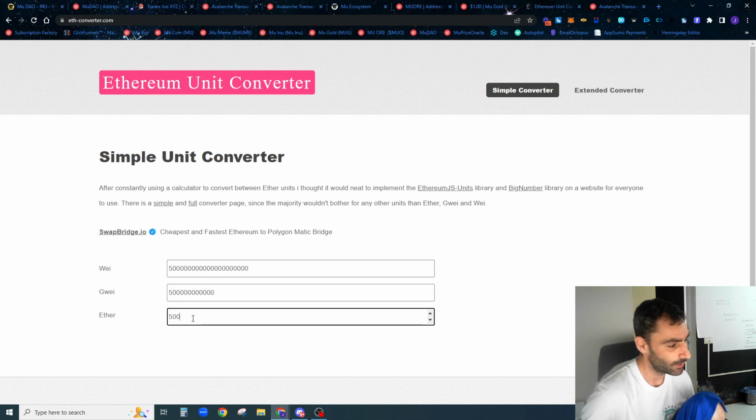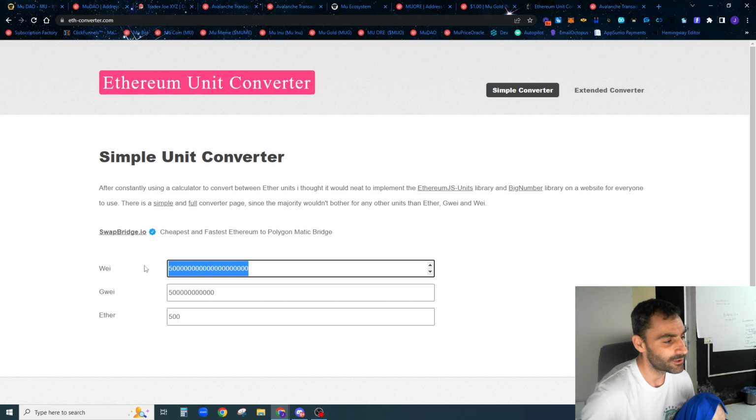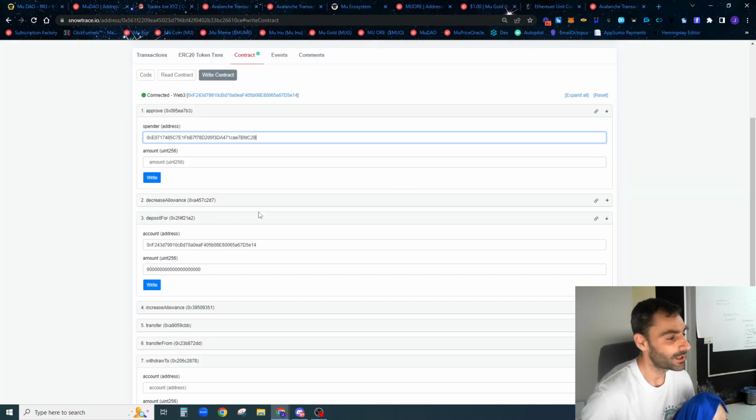So 500, that's 500 Ethereum, 500 whole units. We need to convert that to a base 18 decimal number. So we would see 500, and then essentially 18 decimals. So we're just going to use this for the conversion. We're going to come over here and put in this amount.